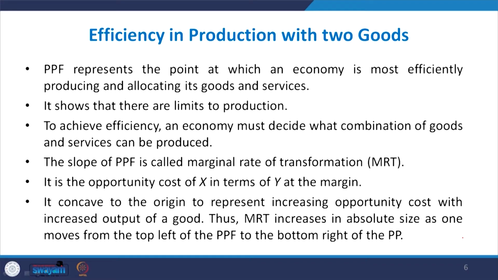Let me discuss now the efficiency in production with a two-product case. So, say, in our preceding example, cheese and wine. So, let us take two products, cheese and wine, and draw the production possibility frontier.